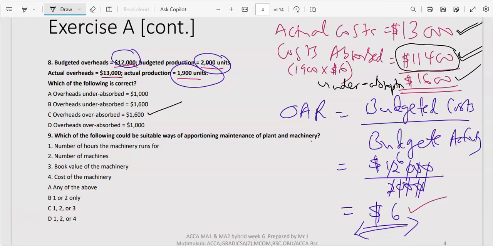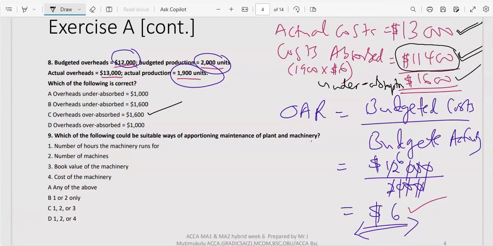All right. Now, what about question number 9? Which of the following could be suitable ways of apportioning maintenance of plant and machinery? Okay, so in apportionment, we first allocate and then we apportion.